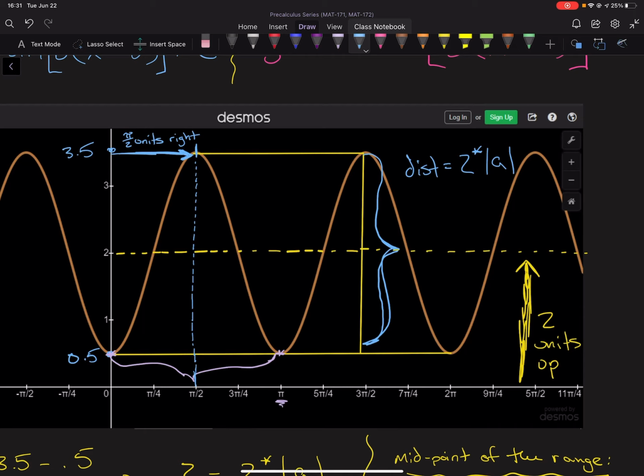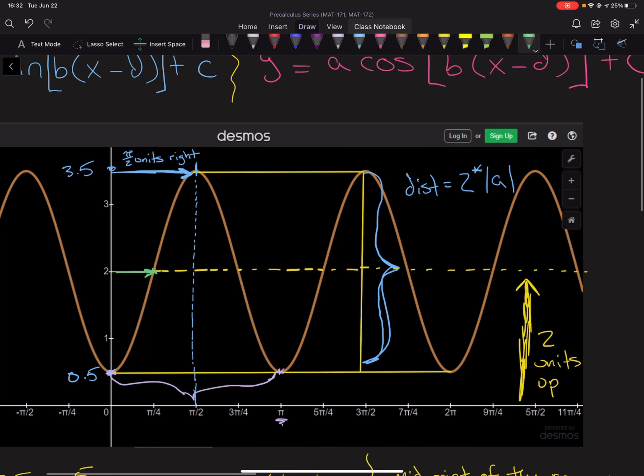Now, if we were thinking about sine, so maybe the problem asks you for sine, sine typically starts off at the halfway point. So 0 typically, but since this function has been translated 2 units up, the halfway point will now be 2 in the range. So sine typically starts here. This is for cosine up here.